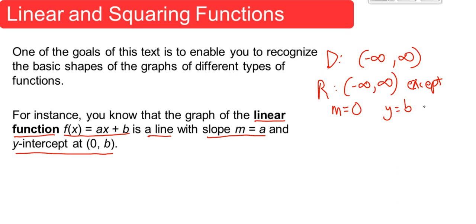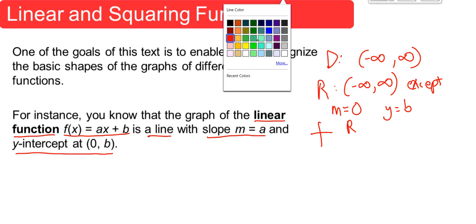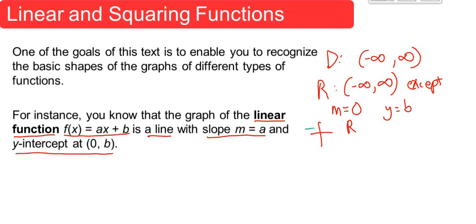That's going to be just a horizontal line at whatever b is. And so the range is just that value of b. So there is that little exception for the range as we look at that.